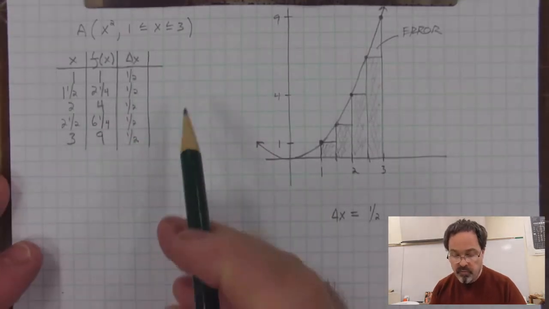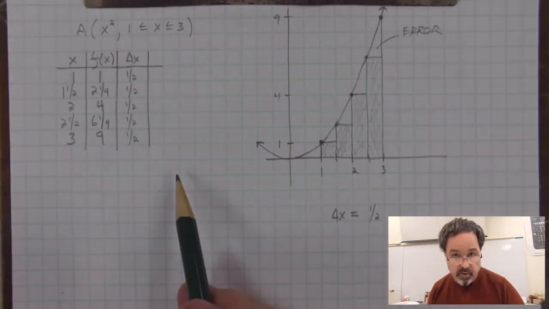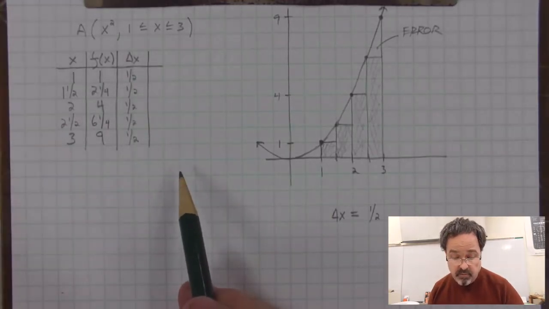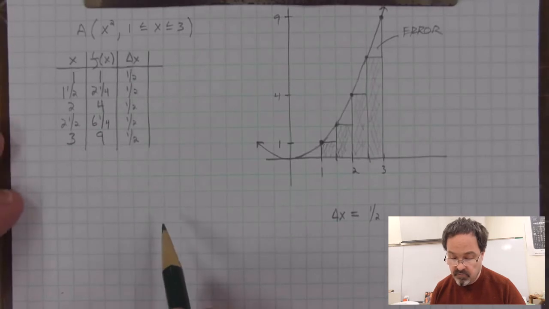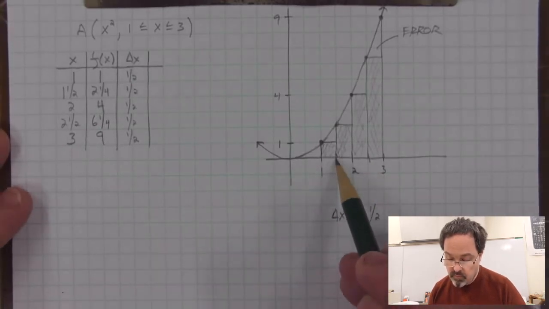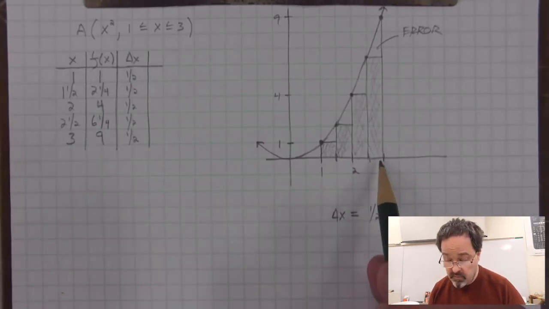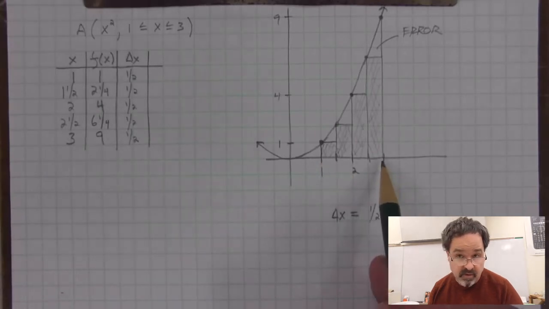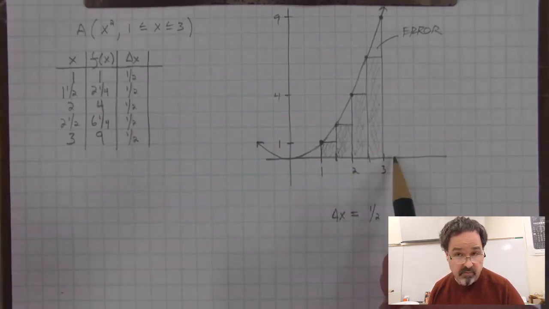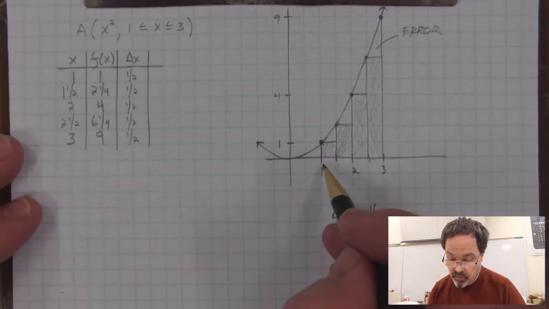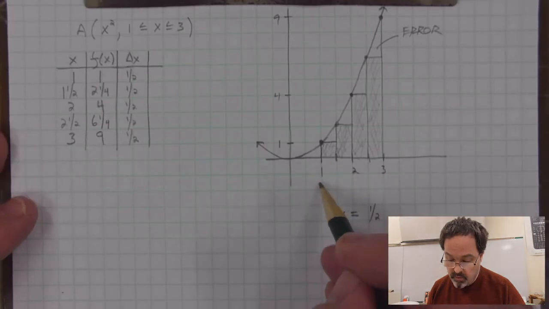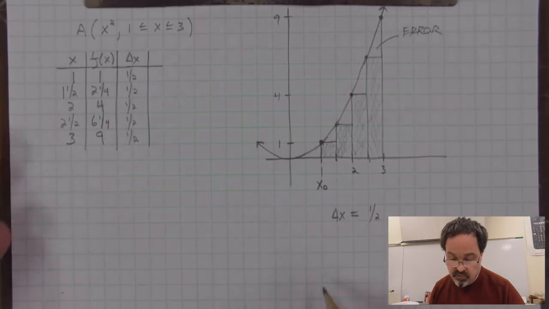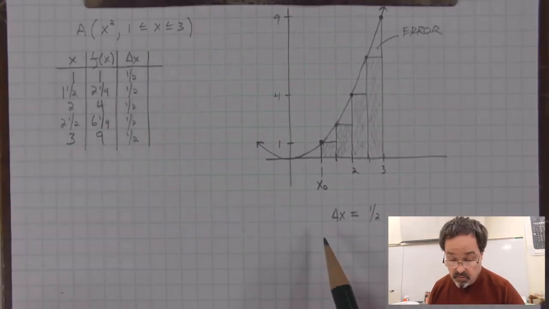And before I produce the column which will represent the area of each rectangle, I'm going to take an extra step and I'm going to develop a system to locate these heights, these special domain values. I'm going to call the first one at 1 a beginning of a list with the notation x sub 0.